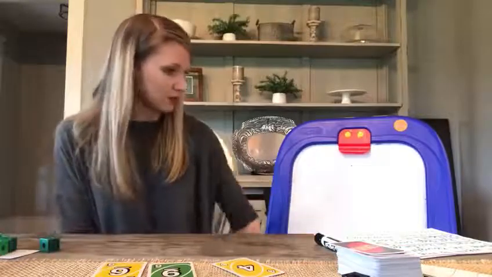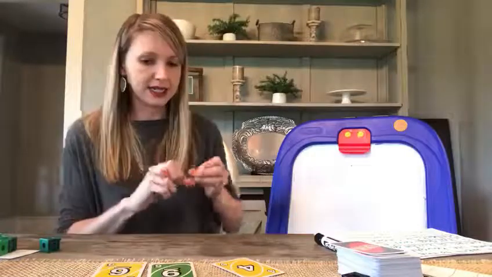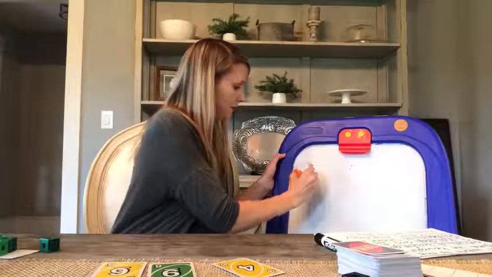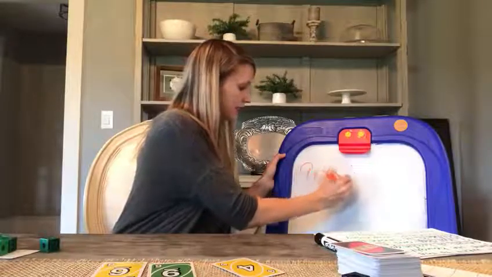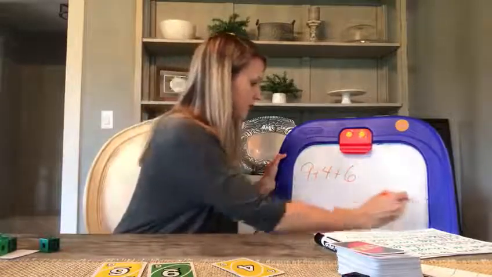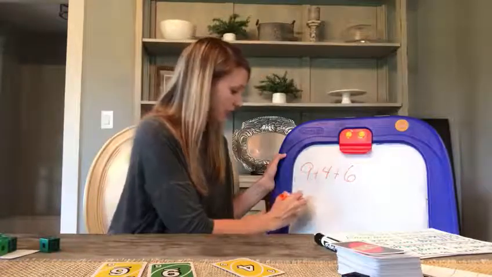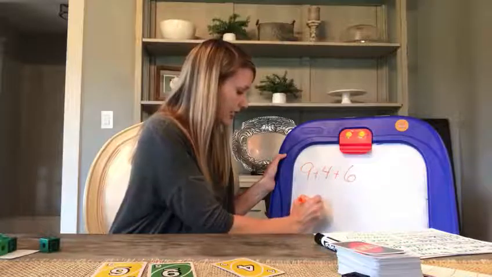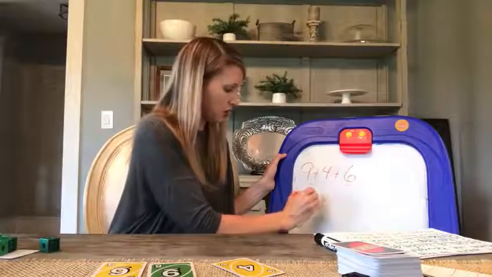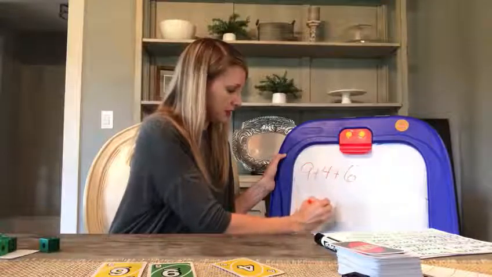So I saw while I was doing this that 9 plus 4 plus 6, if you wanted to break it up differently on the number line, so we could hop over 9, and then I could do just 1 more to make 10.